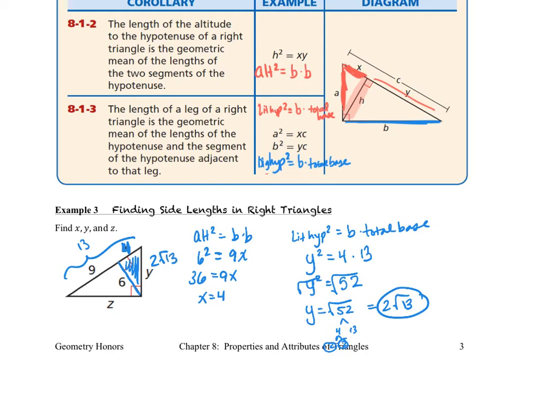And now we can do the same thing for the z. Notice it's the large hypotenuse. Let's change the color. I'll do it in black. The big hypotenuse squared now, so that would be z squared equals its base, which is 9, times the total base, which is 13. So z squared equals 130 minus 9, 121.